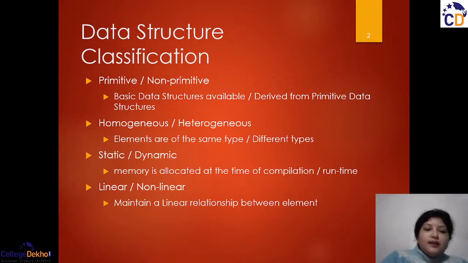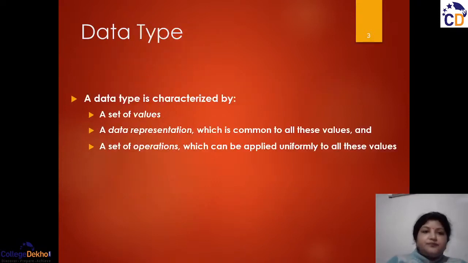So it could be linear, it could be non-linear. So these are the classification techniques of data structures, right? Let us start with one of the techniques and understand how it works, how it basically stores the data in the memory. Right. So let us start with that.